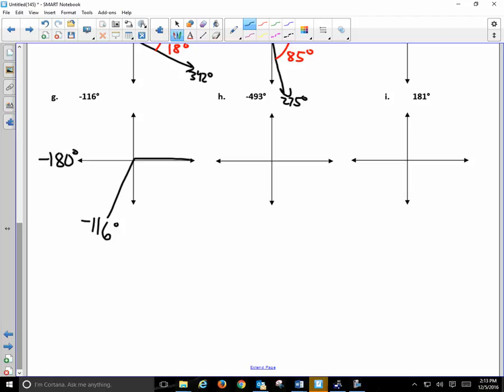What is larger, negative 116 or negative 180? Negative 116 is larger. I would rather have negative $116 in my bank account than negative $180 in my bank account. Minus negative 180. Right. So I will subtract, and as I add the opposite, I get 64 degrees.